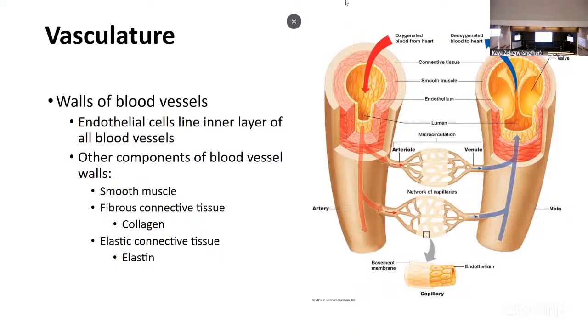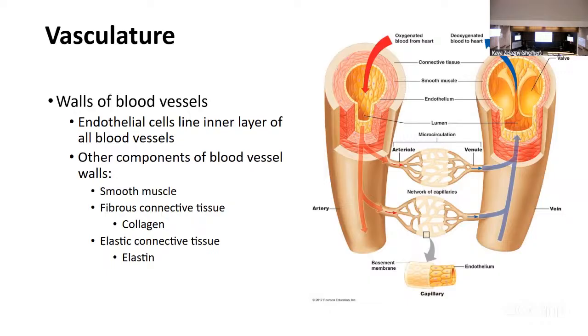Okay. We can name those different layers in general of a blood vessel. Okay. So any given blood vessel, we're going to want to pay attention to what exactly it is, right? We just saw in that previous chart that there's some variation from blood vessel to blood vessel in exactly what components you'd have.